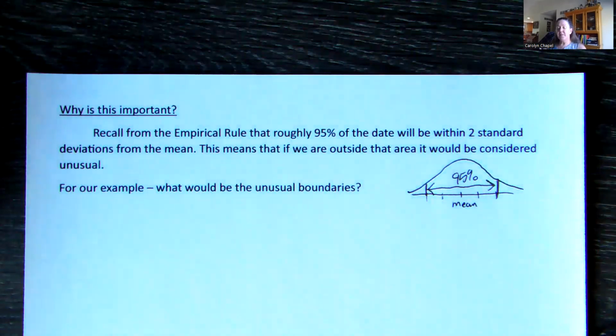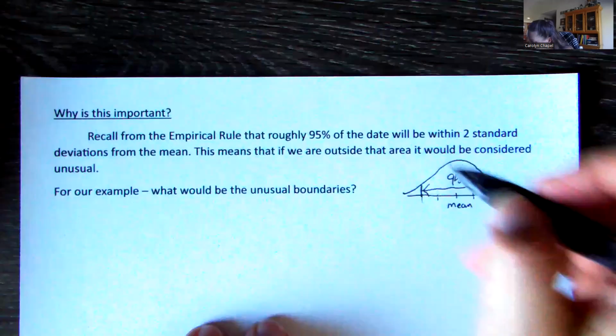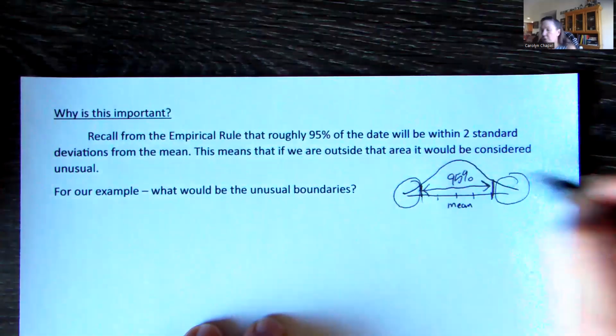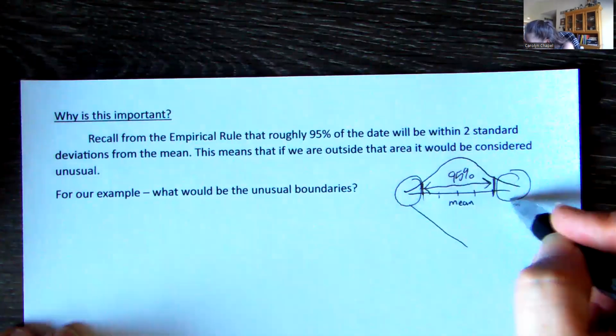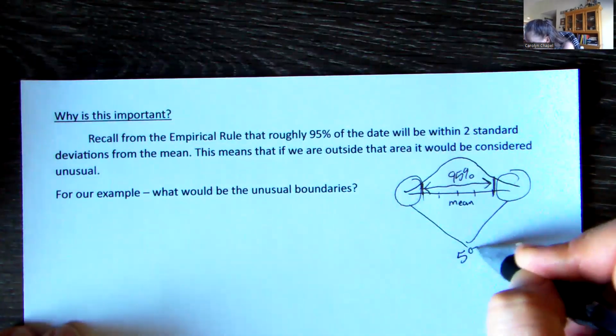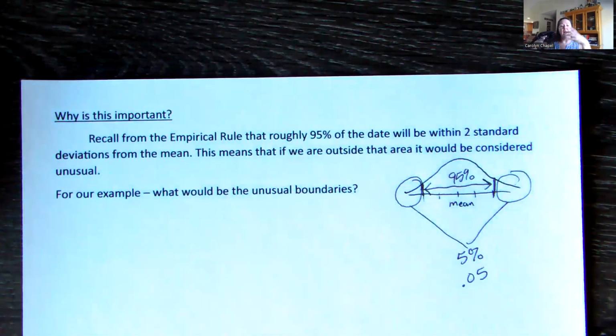What this tells us is that if you are outside, over here or over here, you're everything else. So these two pieces here are 5% or 0.05. Outside there is unusual.